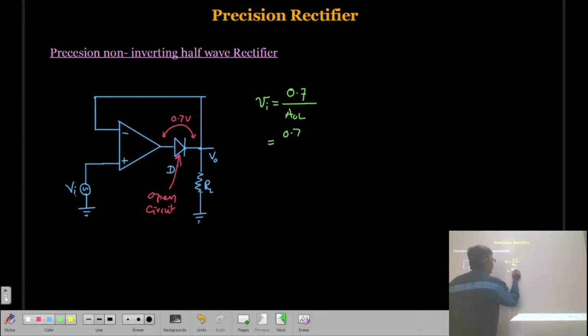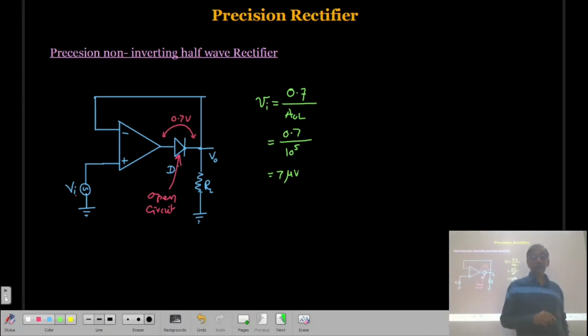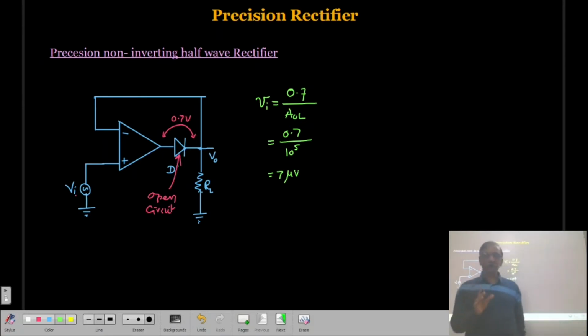Let us say the open loop gain of the operational amplifier is 10⁵. It is very high, and if we calculate, it is 7 microvolt. So this diode will conduct when the input signal is more than 7 microvolt. Originally, when the operational amplifier was not there, it conducted only above 0.7 volt, but now, due to the open loop gain, the required input voltage is very small.